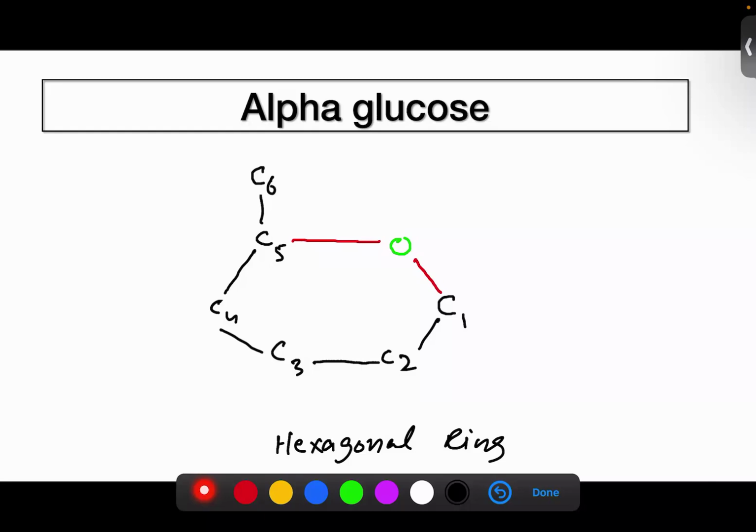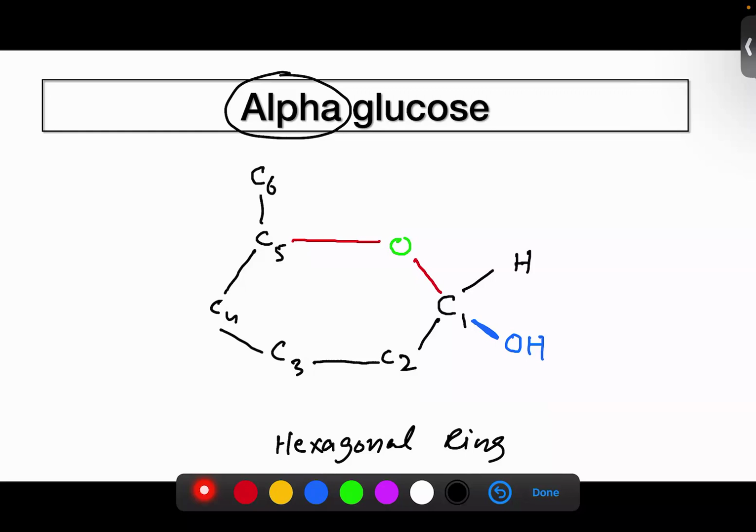Okay, and as every carbon has a hydroxyl group and a hydrogen attached to it, we should draw the positions of hydroxyl groups and hydrogen on each of these carbons. In alpha glucose, on carbon number 1, the OH group is below the plane of the ring, and H is above the plane of the ring.